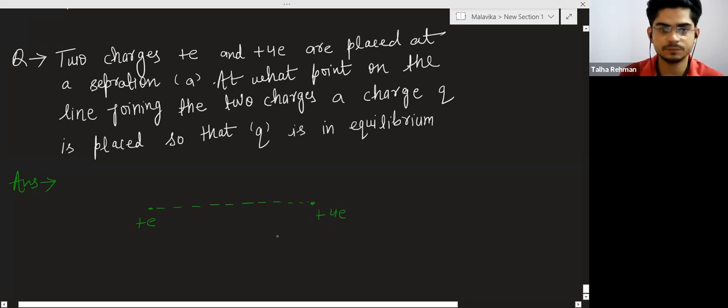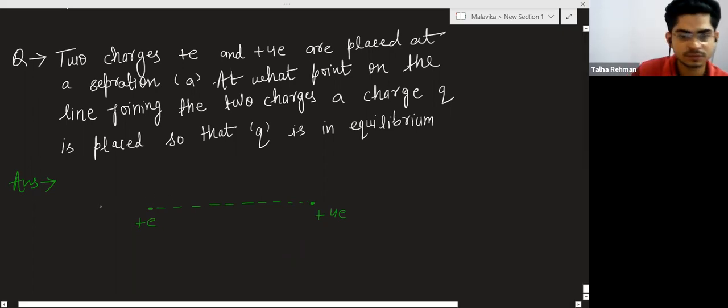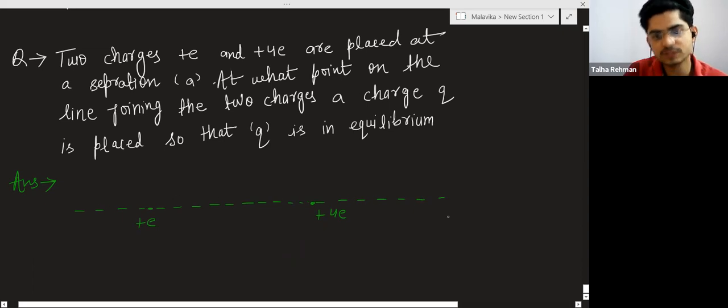And I have to put a charge at a position in between, on the line joining these charges, so that the Q charge is in equilibrium.